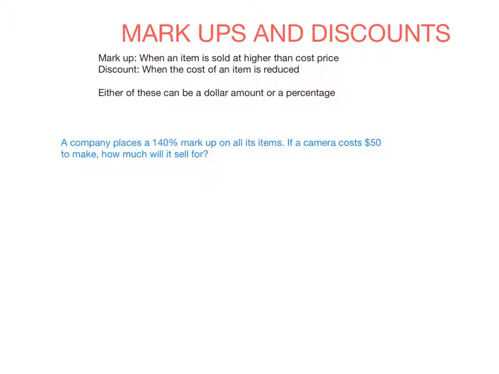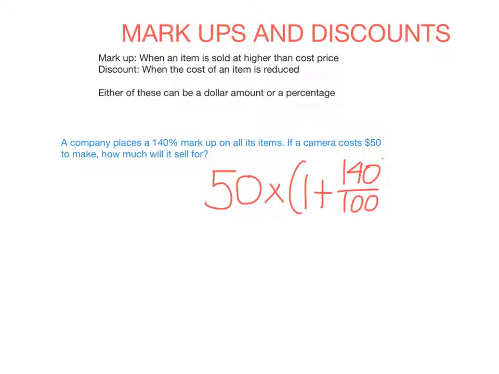This is just saying we want to increase $50 by 140%, and you know how to do that. Remember, we take the quantity, the amount, so 50, and to increase it by 140%, we times by 1 plus the percentage over 100, because of course 140% is 140 over 100.